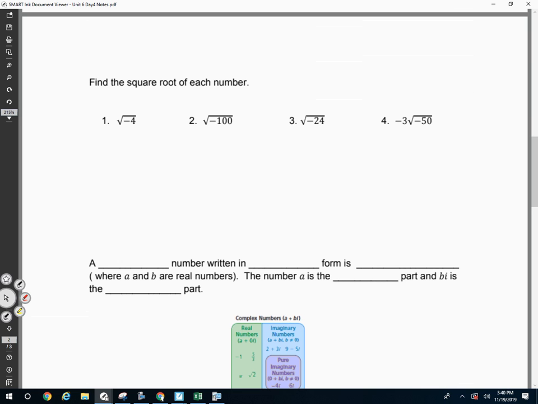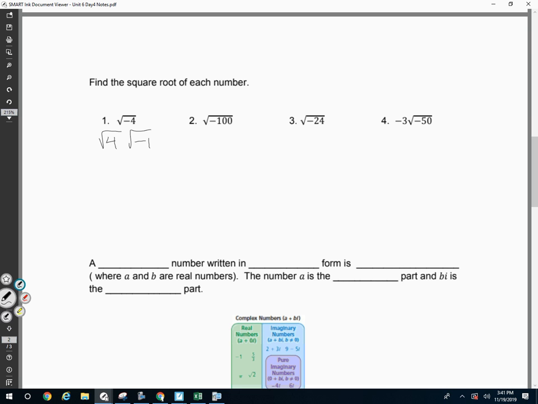When we see square roots of negatives, we are going to split it using a property of exponents and multiplication into the square root of the number and the square root of negative 1.